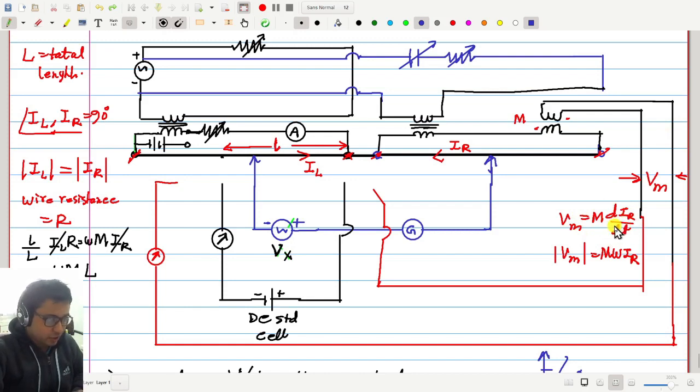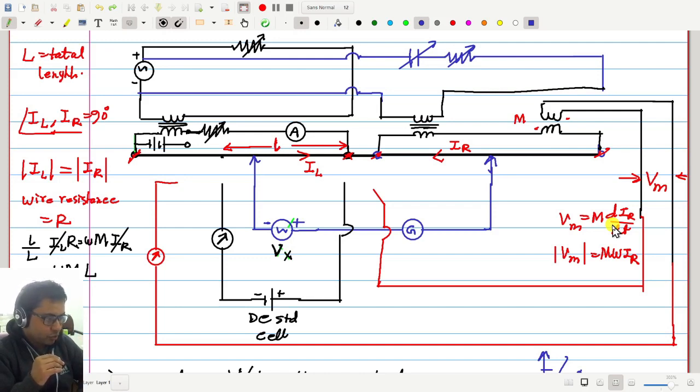Because of hysteresis, magnetic flux and current are not exactly in the same phase. Flux always lags the current by a small amount, which we call the hysteresis angle.